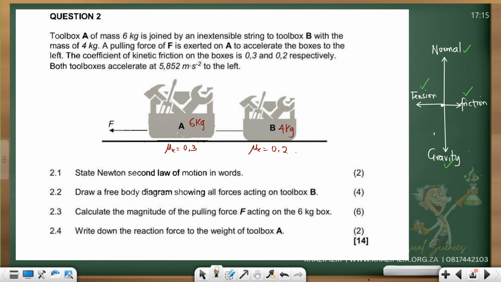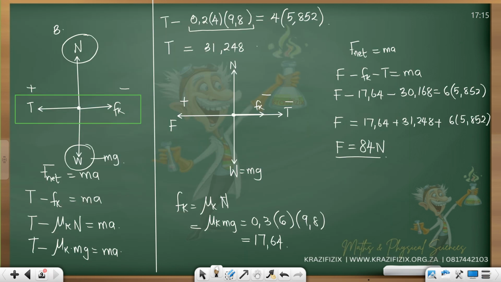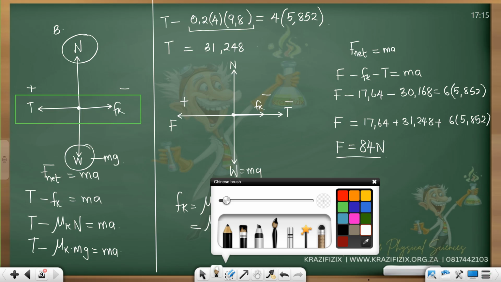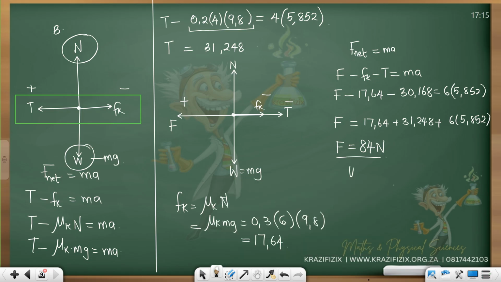Guys, what is weight? If you don't understand the definition of weight, you will not be able to answer this question. And somebody's saying the force of gravity. No, weight is the pulling force of the earth on an object. So weight is the force of earth on the object.